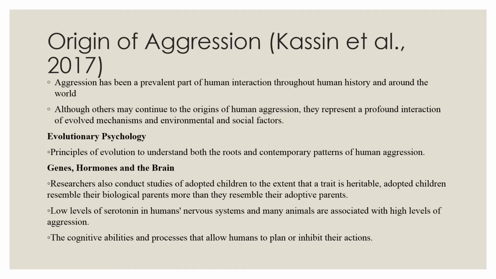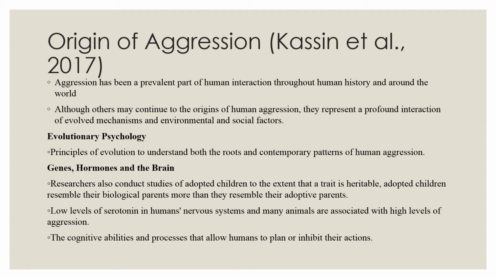The origin of aggression is caused by human interactions through human history and around the world. It is also caused by the involvement of mechanisms and environmental and social factors. So it happens through what are also called our social influences. It also comes from patterns, and it is caused by genes, hormones, and the brain.